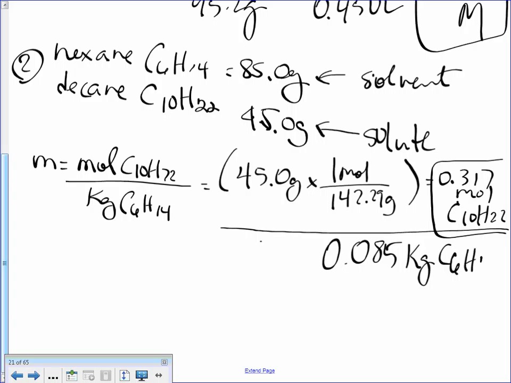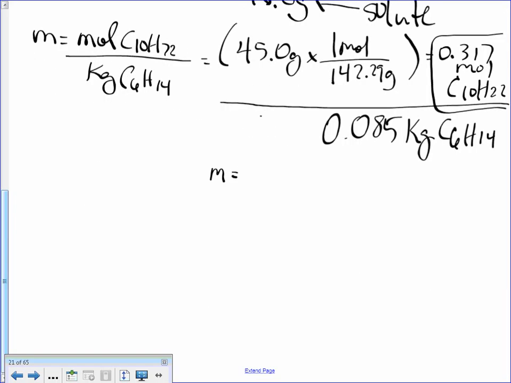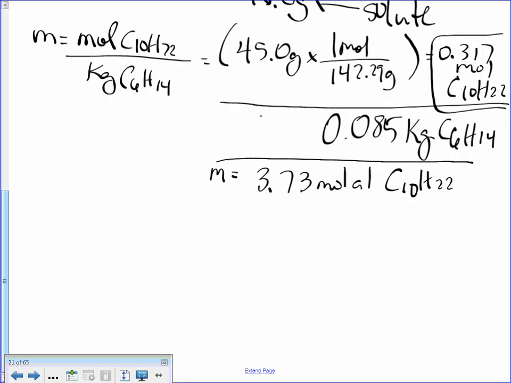Okay, so then 0.317 divided by 0.085 is what? So it's 3.73 molal. Molality is referenced as molal. And that's molal C10H22. So there's the molality of decane.